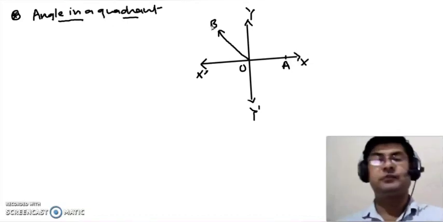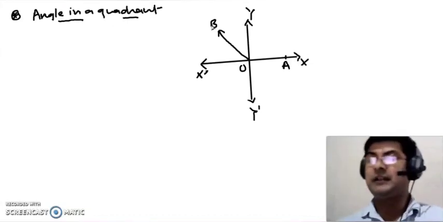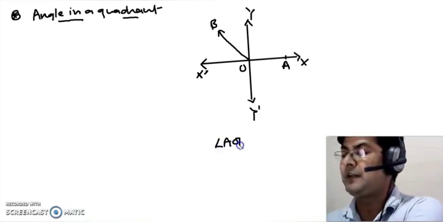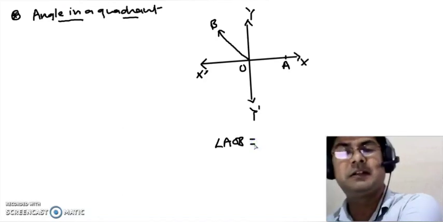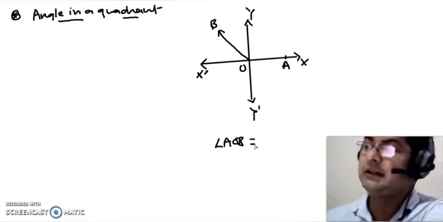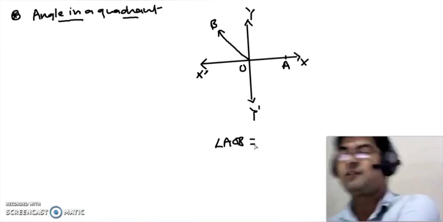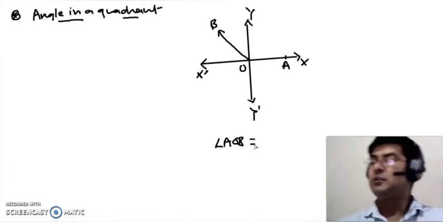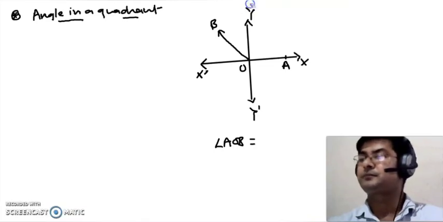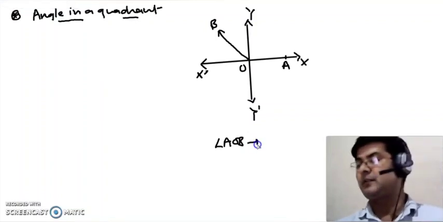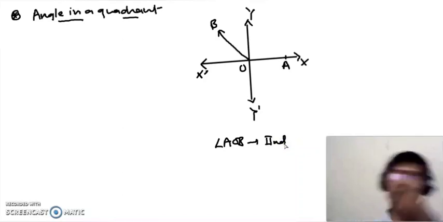The initial side of angle AOB coincides with the positive direction of the x-axis, and the terminal side lies in the second quadrant, and therefore we will say that angle AOB lies in the second quadrant. Why? Because its terminal side lies in the second quadrant.